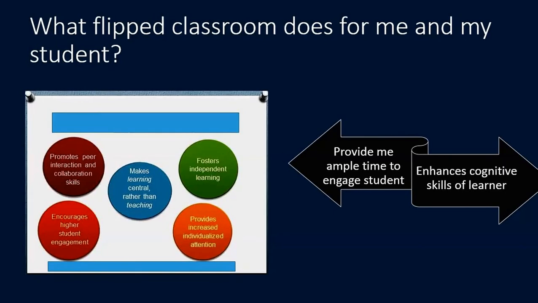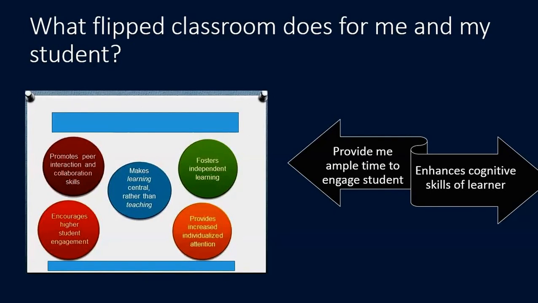It means when I teach, the student may not be aware of or mentally present or mentally ready to accept what I am saying. But if I do the same thing through the video and allow him or her to access the video at his or her own pace, then it fosters independent learning.